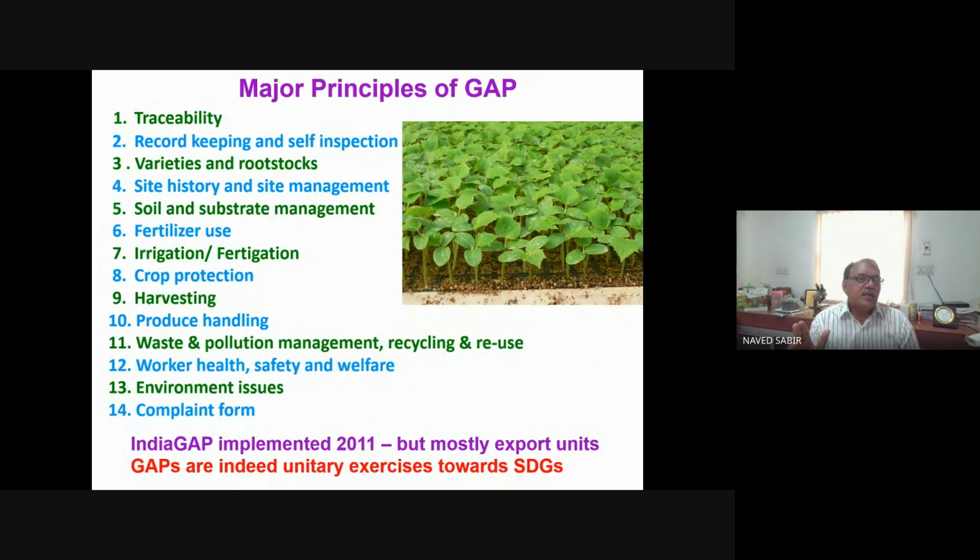Once an agreement has been made, the farmer has to keep a record of everything. When was it sown? What was the variety? When was it transplanted? How much spray was done? What chemical was used? What fertilizer and how much fertilizer was used? Everything. And what was the health of the workers?